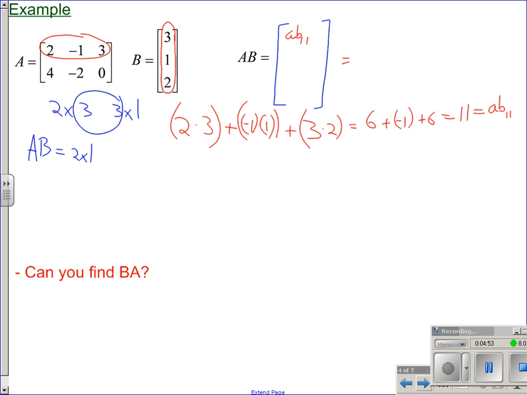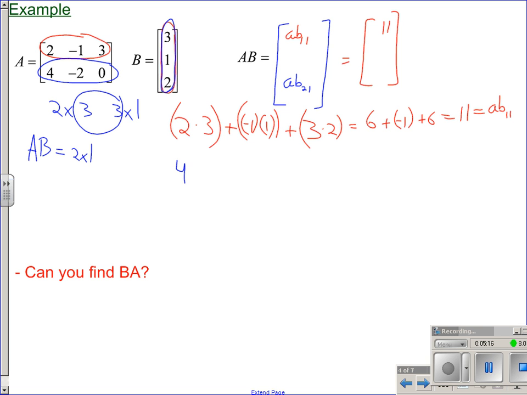So that equals 11. Now we're looking for the entry in matrix AB, where this is the second row, first column. Again, we're going to take the second row now and multiply it by the column. You go entry by entry.